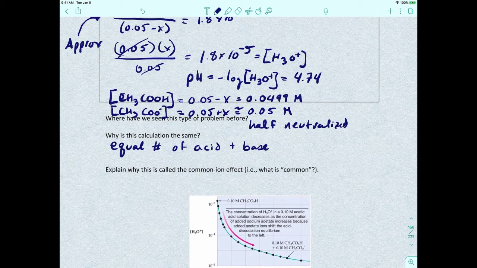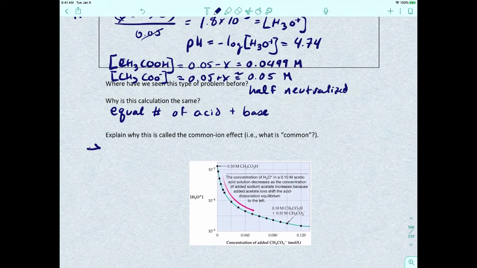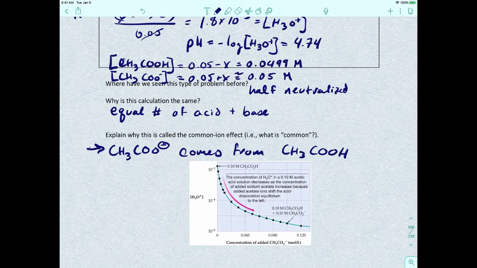So, next question. Explain why this is called the common ion effect. In other words, what is common between these? All right, so remember that the acetate ion, CH3COO minus, comes from acetic acid, CH3COOH.